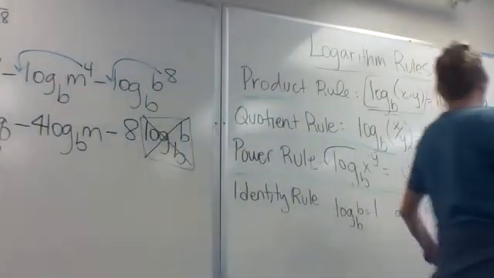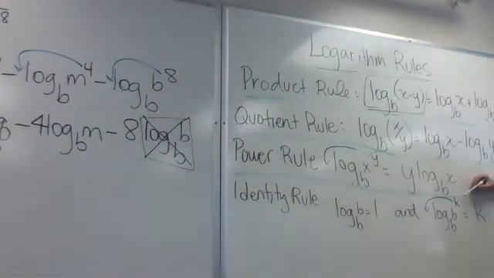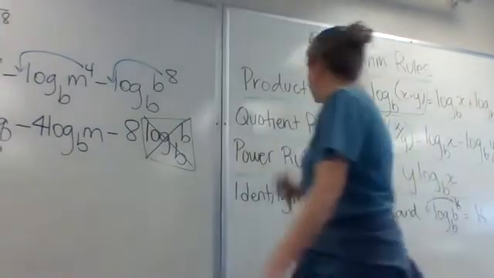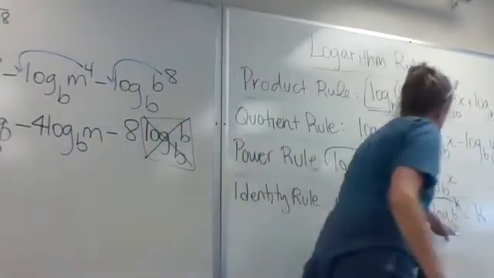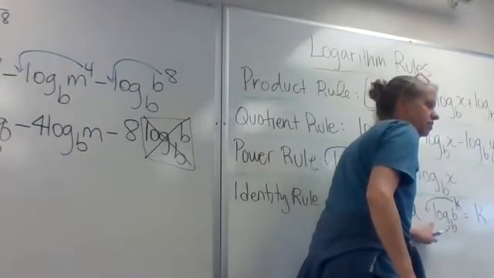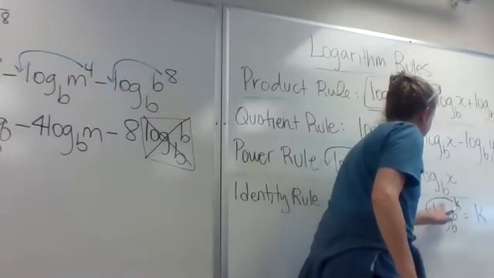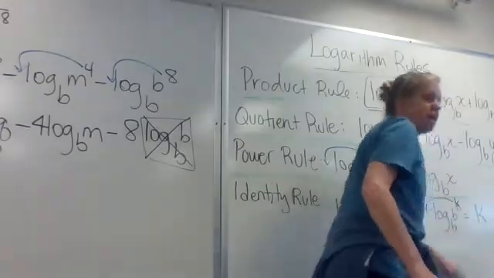You'll see that here in this other identity rule that I put up here. If you have the log and its base and this are the same thing, and it has an exponent, this whole thing just turns into whatever that exponent is. So that's what happened right here, because the k comes down, so you really have k times 1, which is just that k.